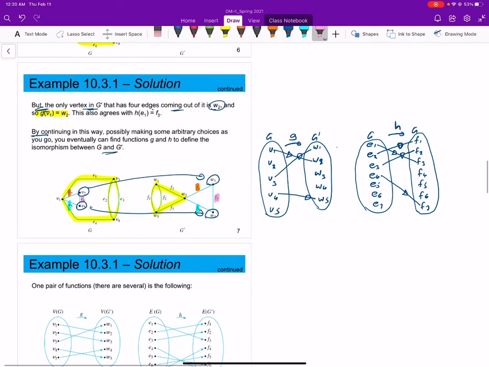Now you have to fill in the rest. V2 maps with W3, and then V5 matches with W4.